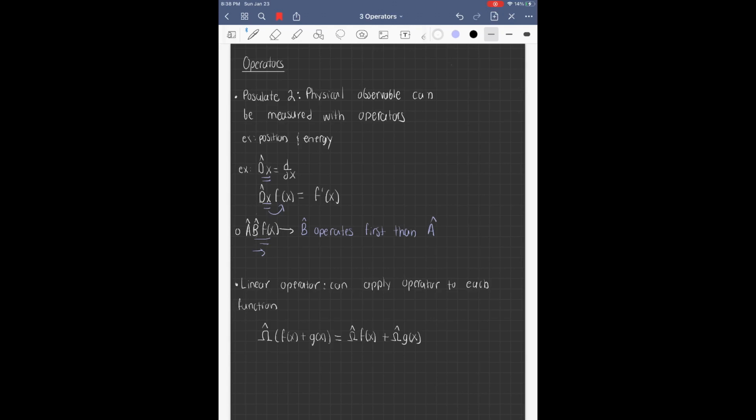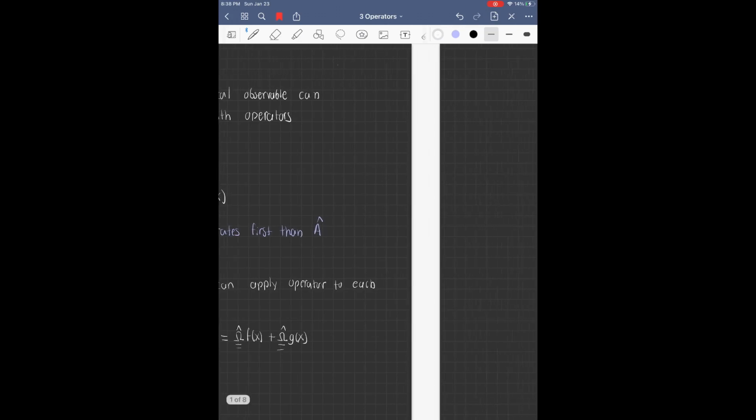An example of a linear operator would be, let's say, the position operator x. If I were to operate x on f and g, you can put that in and simplify it, and then this will give you this on each function.